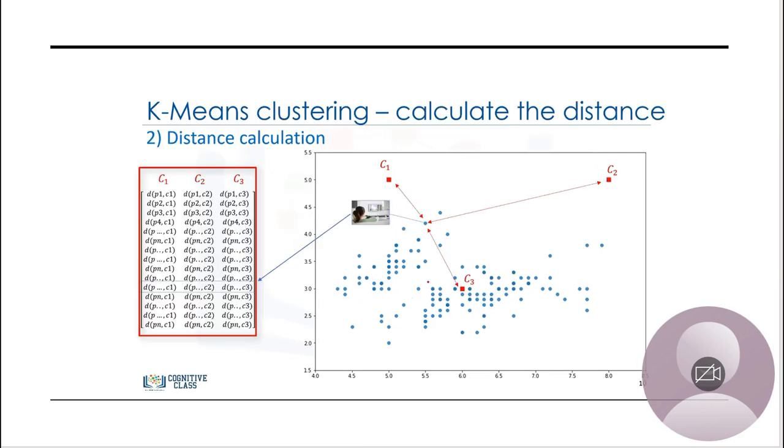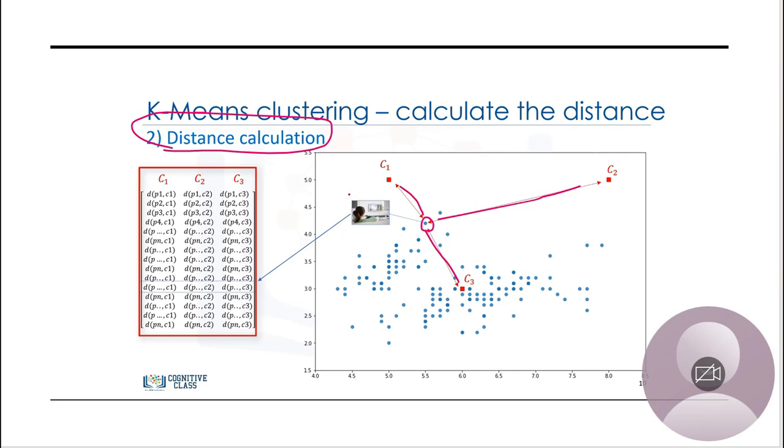Now, here's what we do. We calculate the distance for every single point from all the centroids. We take every single point and calculate the distance from that point to every single centroid: centroid number 1, centroid number 2, centroid number 3.